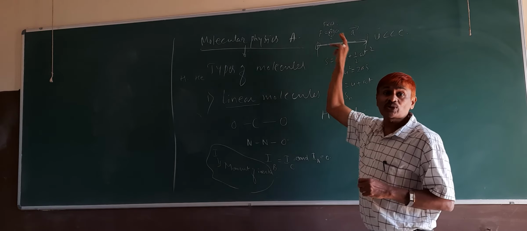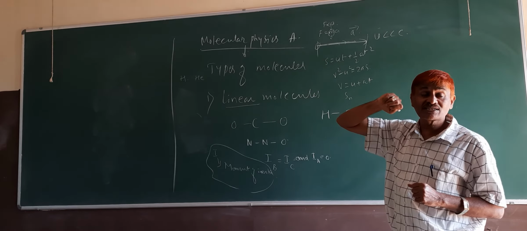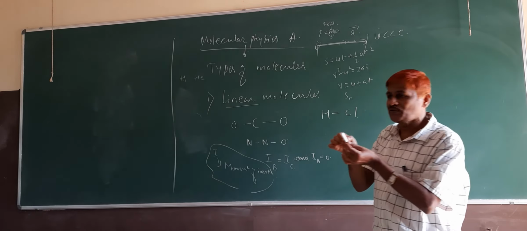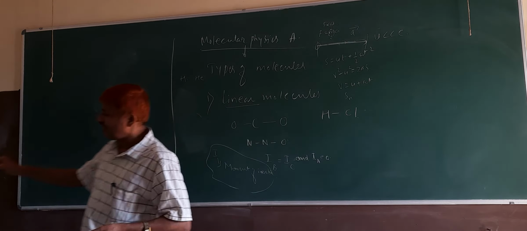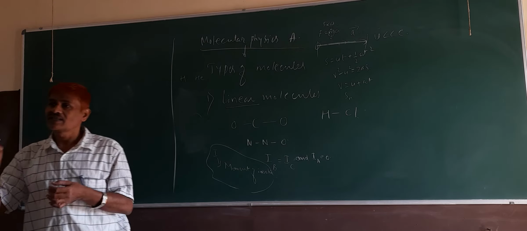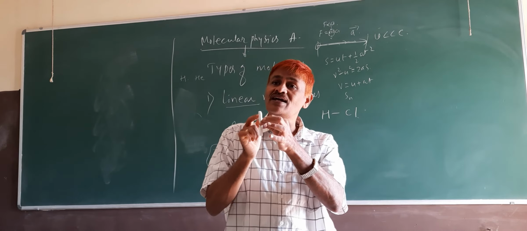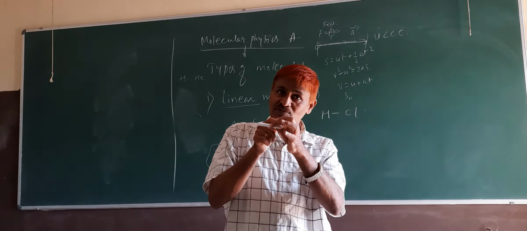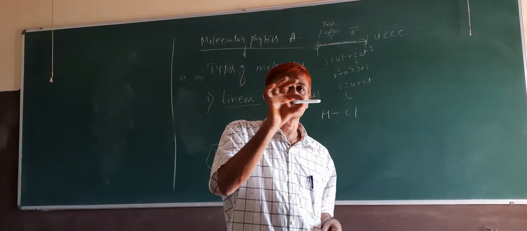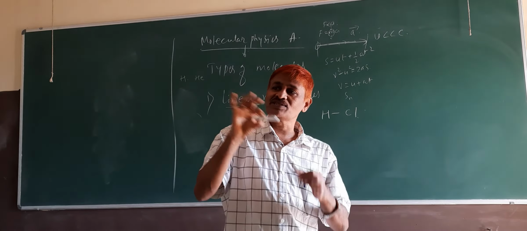When you come to rotational motion, what happens? What is the difference between this motion and this motion? This is called rotational motion. This is linear motion. What is the difference between these two?